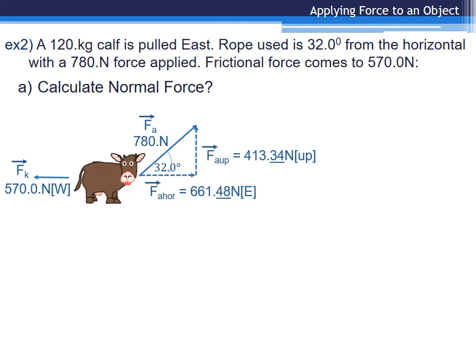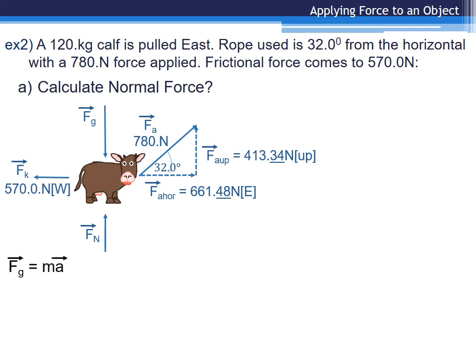It says calculate the normal force. So we know the normal force always pushes up from the bottom. The only force that we're missing right now is gravity, because we know gravity must be pushing down on the object, so Fg is pushing down. Now I don't have a value for Fg, but I can find that because the force of gravity equals mass times acceleration.